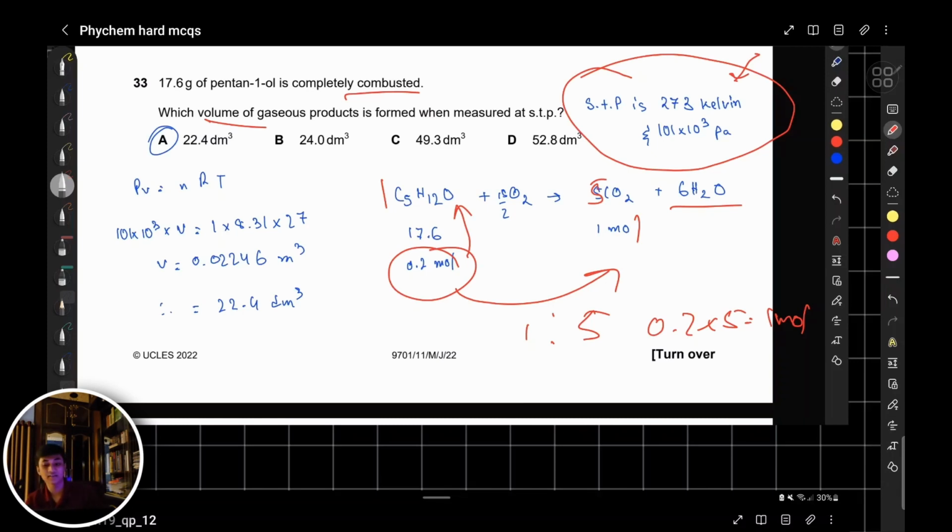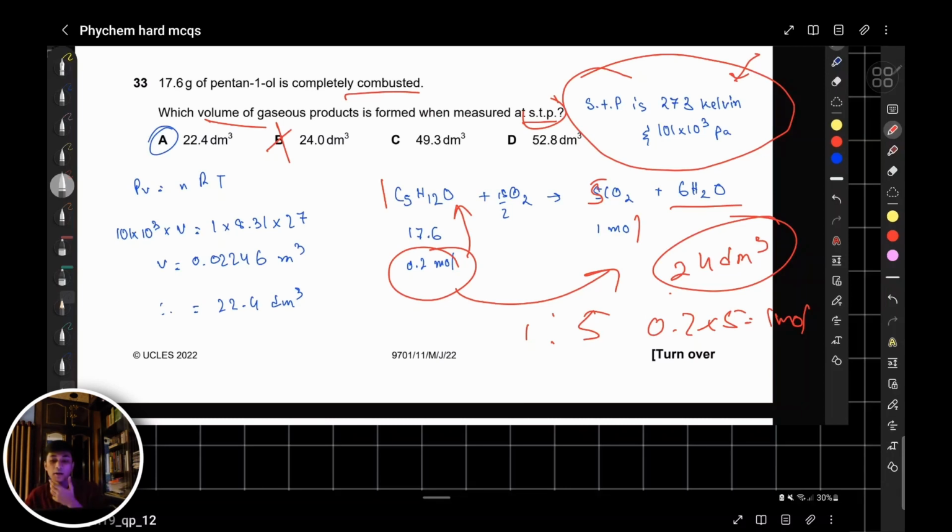Which is, you could guess, 24 dm cube. You would guess 24 dm cube, and that would be wrong. That's the trick question. They have specifically mentioned STP, standard temperature and pressure, which is different from RTP, room temperature and pressure. RTP is 298 Kelvin, and I guess the pressure is the same.